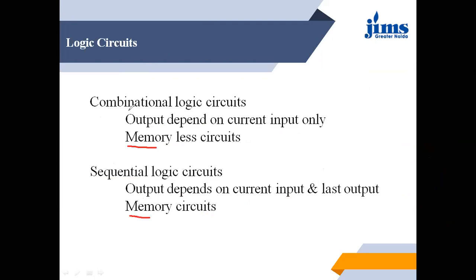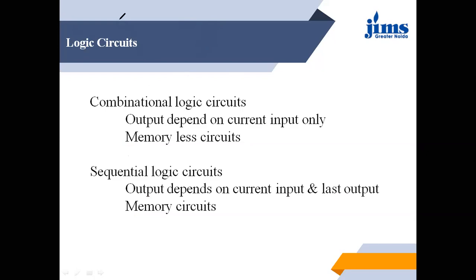In combinational circuits, output depends only and only on the input line. But in sequential circuits, output depends on the input plus the last output of the circuit. So this is the basic difference between combinational and sequential logic circuits.